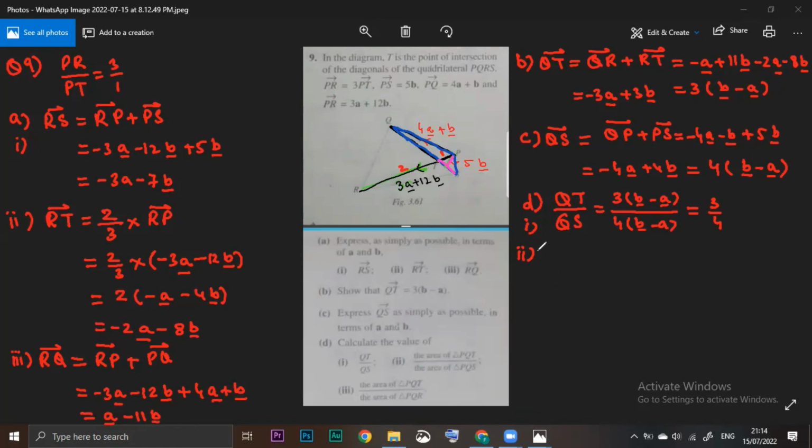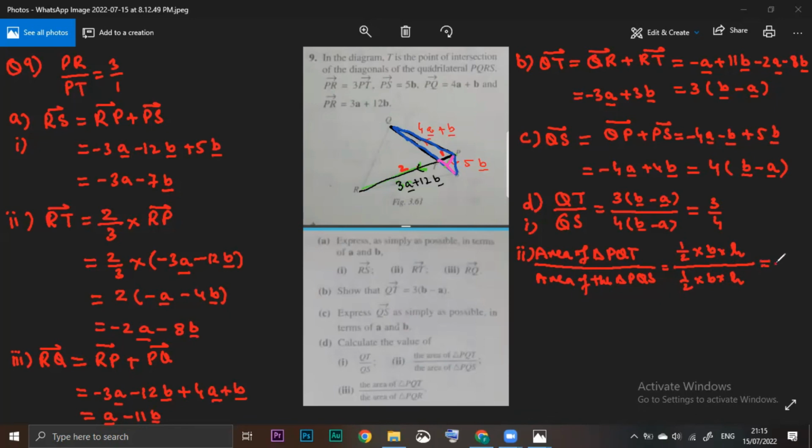Area of the triangle PQT divided by area of the triangle PQS is equal to half base into height over half base into height. We will cancel out half with half, height with height.